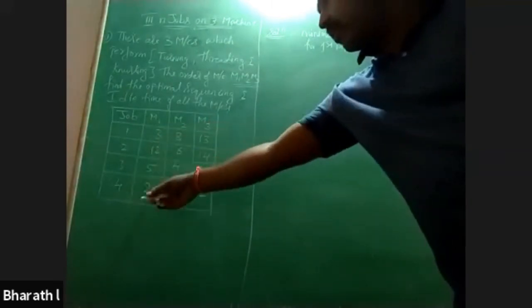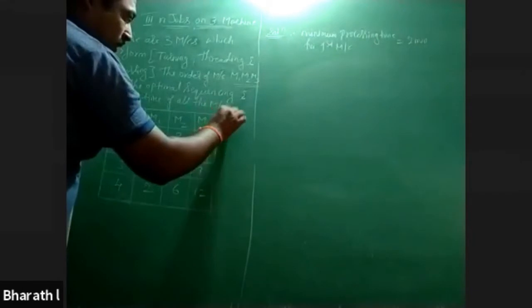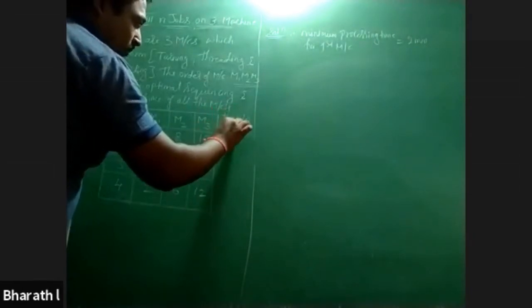First we need to identify the minimum processing time for the first machine. Minimum processing time in the first machine is 2 minutes. The question paper gives time in minutes.